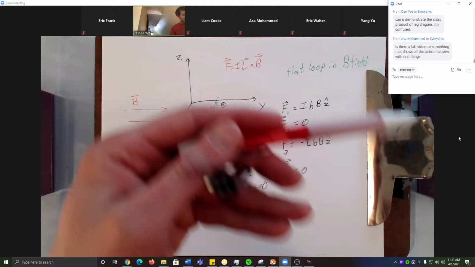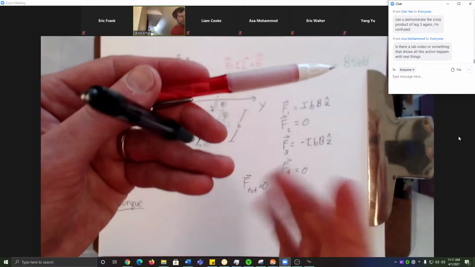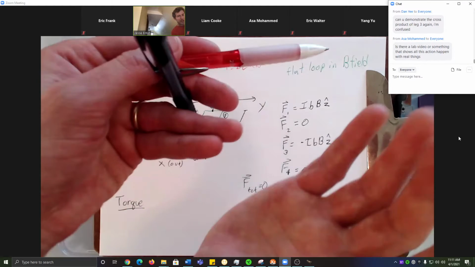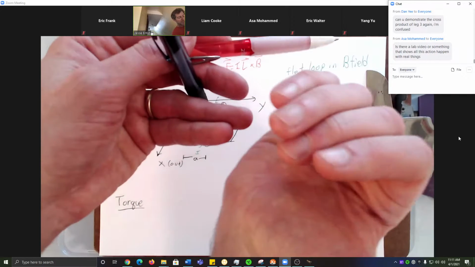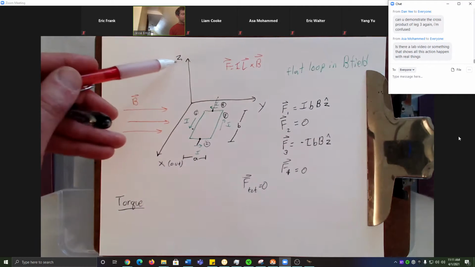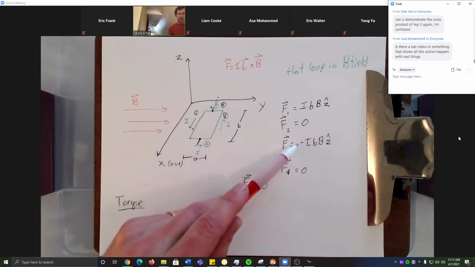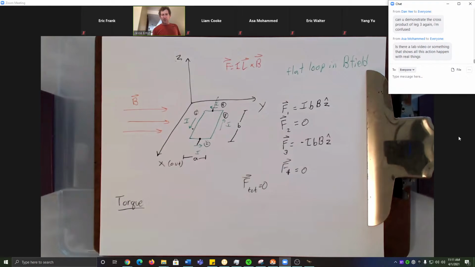So if the current is into the page, L cross B, you have this cross that, which is this way. So it's minus Z, downward, right? So that's this one. Is that okay, Dan?